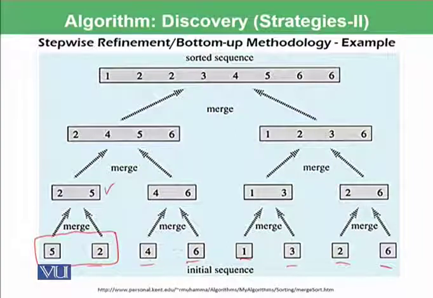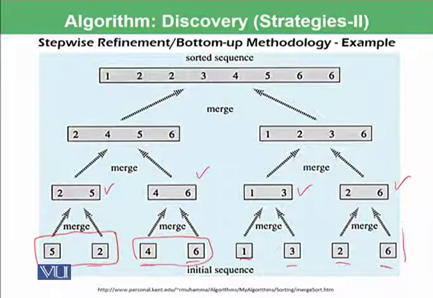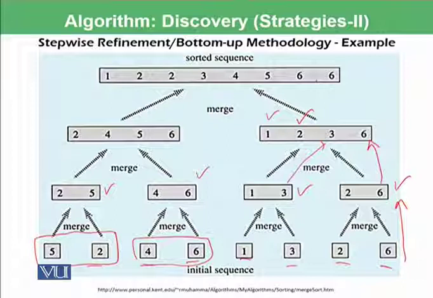And then 4 and 6 are already arranged. Then 1 and 3 are already arranged. 2 and 6 are already arranged. So you have solved from the bottom to the top. And then you are going to merge 1, 3, 2, 6 like 1, then 2, then this 3, and then this 6. So you are going from the bottom until the top by solving this problem.